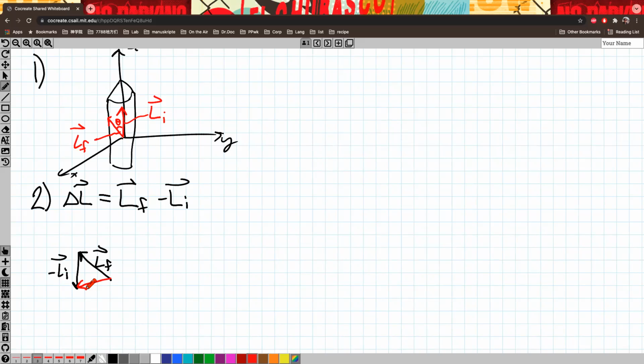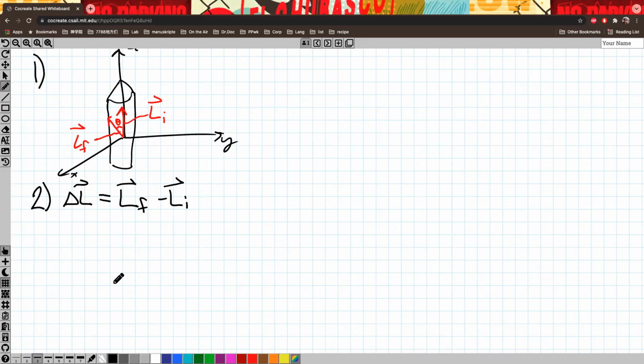L initial is completely vertical, and so L final will be an angle theta away from that, right? So this angle would be theta. Actually, I've not drawn this very well at all, so I'm just going to make it bigger.